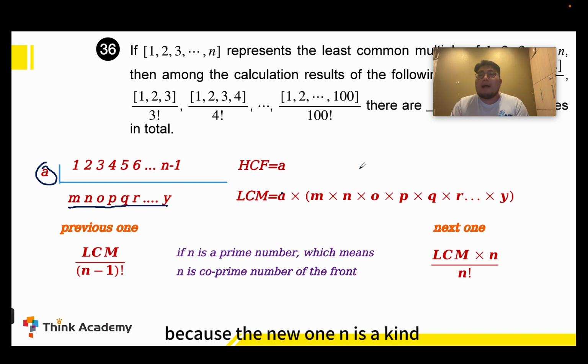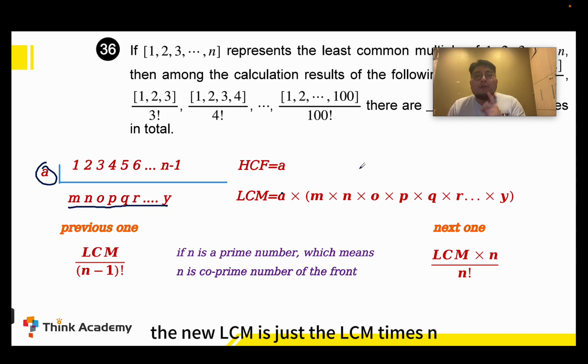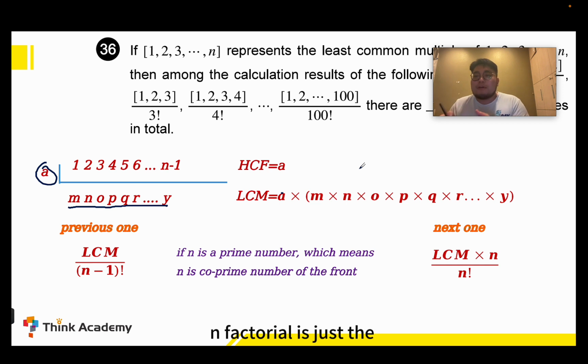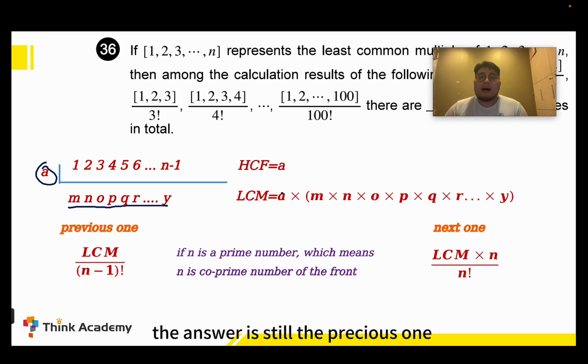Because the new n is co-prime with the others, the new HCF is just 1, so the new LCM is just the LCM times n, over n factorial. Comparing the previous one and the next one, n factorial is just n times n minus 1 factorial, so this n and this n can be simplified. The answer is still the previous one, LCM over n minus 1 factorial.